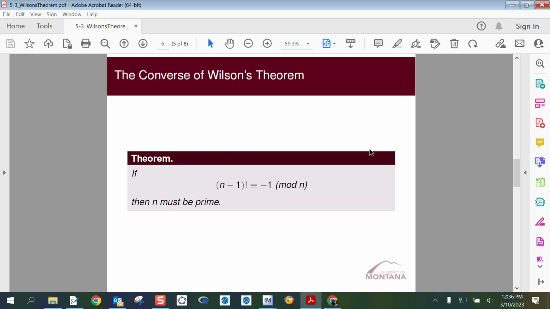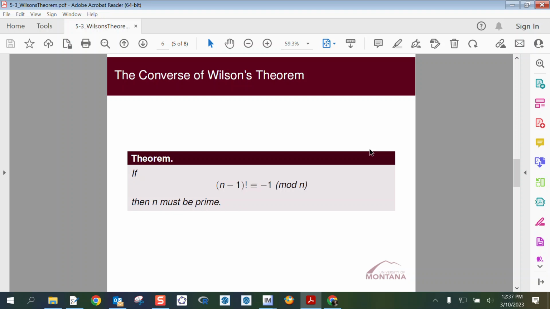I think it's pretty obvious that it is a necessary and sufficient method for determining primality, but it's really computationally cumbersome. For example, take a big number like 1,373. If you wanted to check that it's prime, you'd have to compute 1,372 factorial and then reduce it mod 1373.